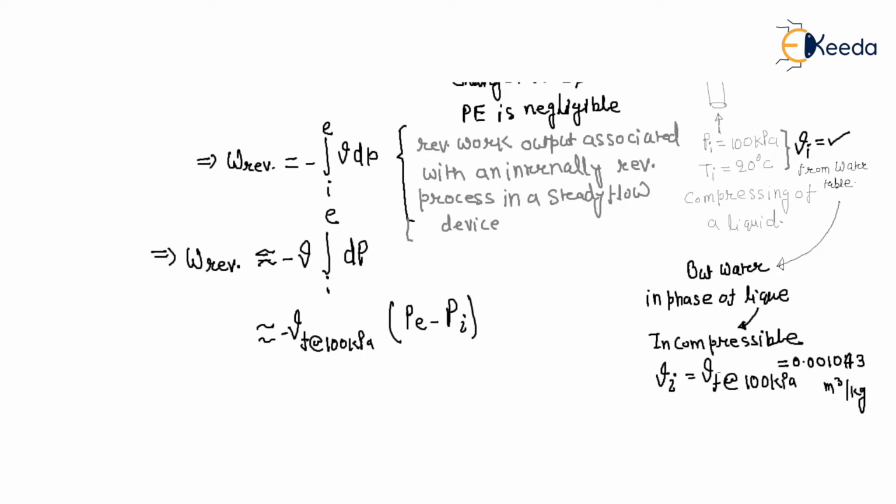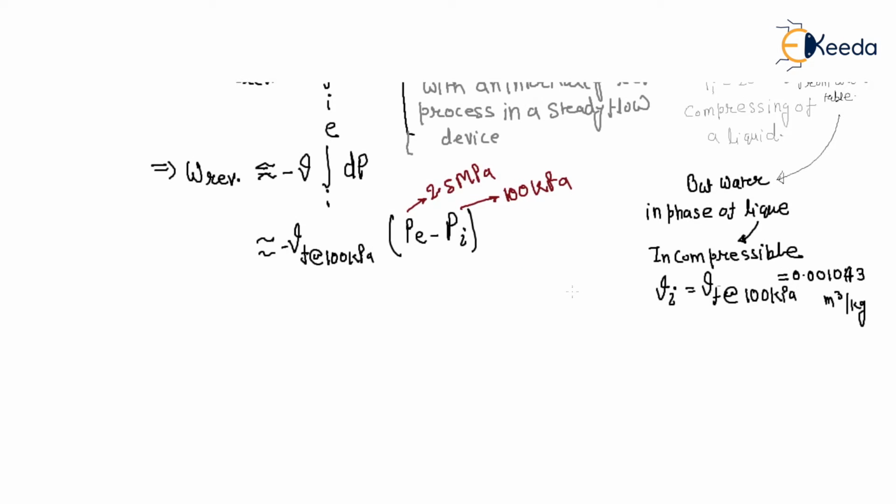P exit is given as 2.5 megapascal, and P inlet is 100 kilopascal, right? So from this we calculate the reversible work, right? So this is the reversible work.